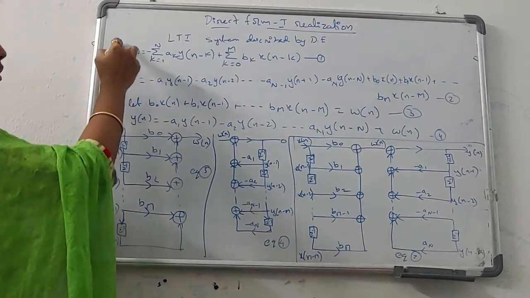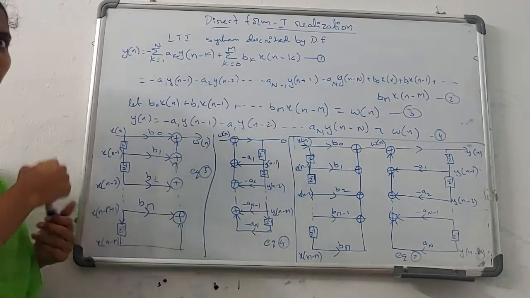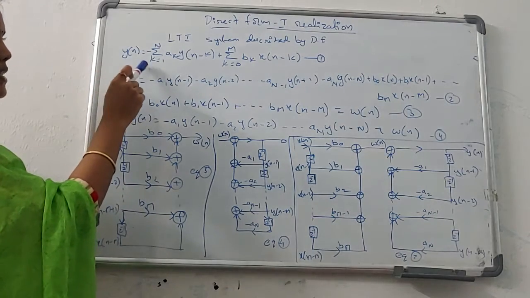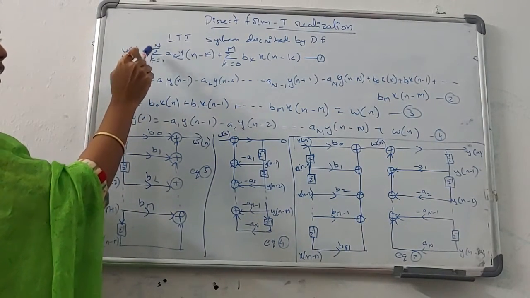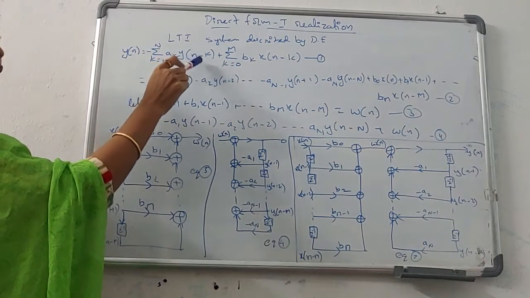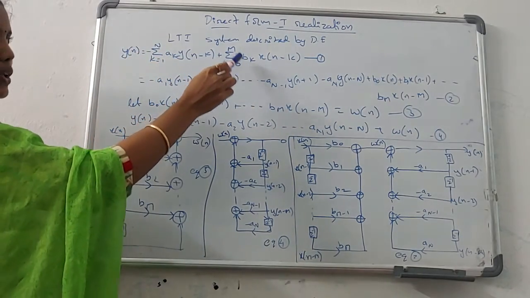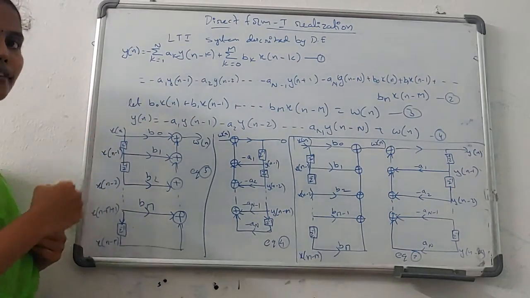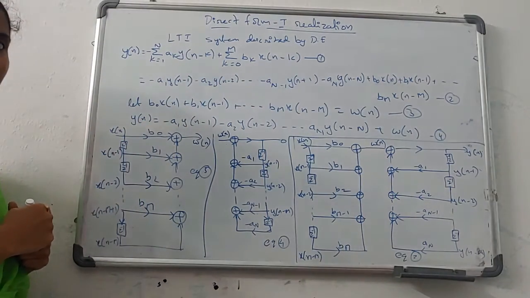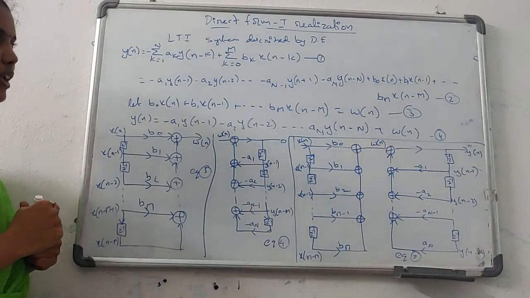We have seen this equation in the first unit. That is y of n equals minus summation k is equal to 1 to N of a k y of n minus k plus summation k is equal to 0 to M of b k x of n minus k. This is the difference equation of an LTI system.